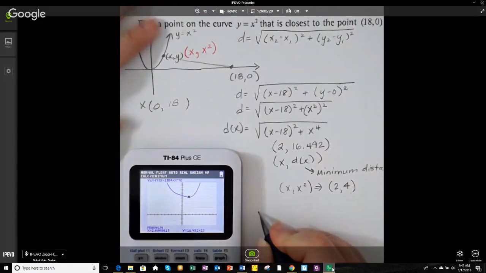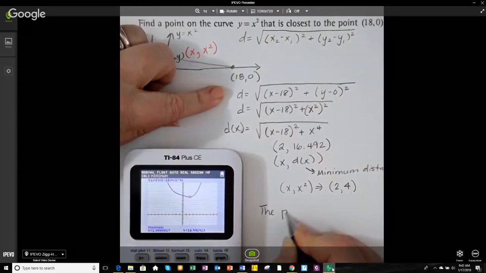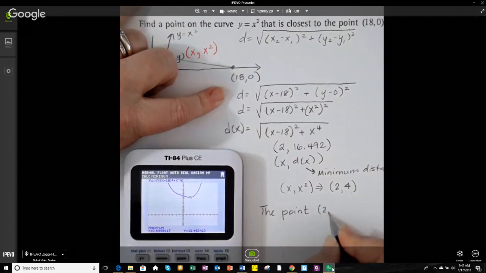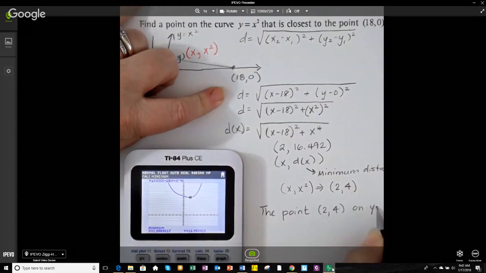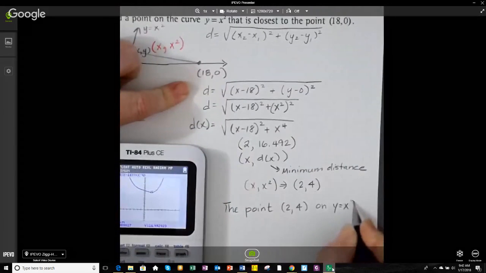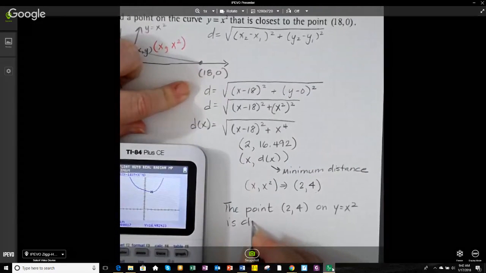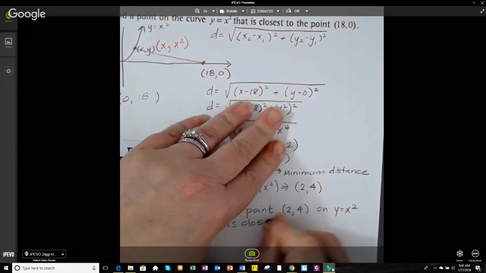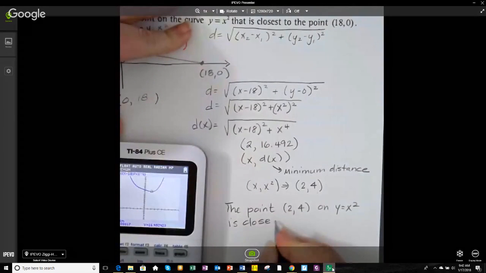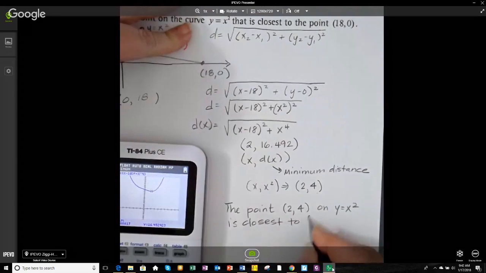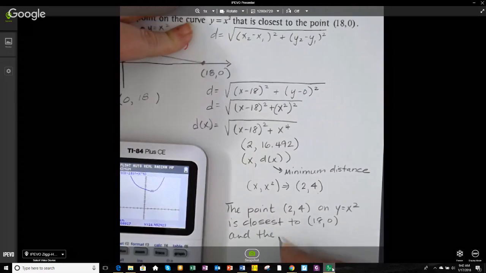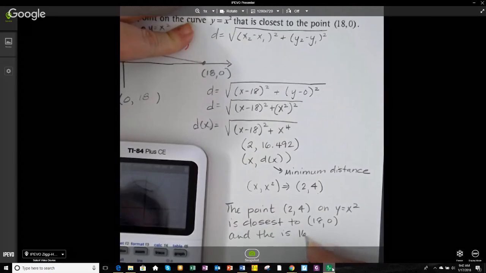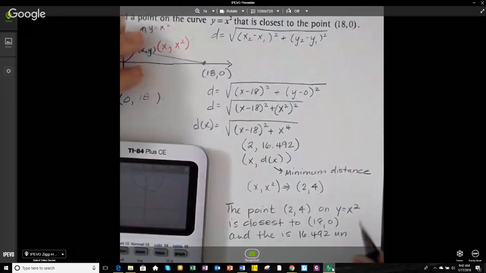So how would I write that? I would say the point 2, 4 on y equals x squared is closest to 18, 0, and the distance is 16.492, and I'm going to put units here because they don't tell us what the units are.